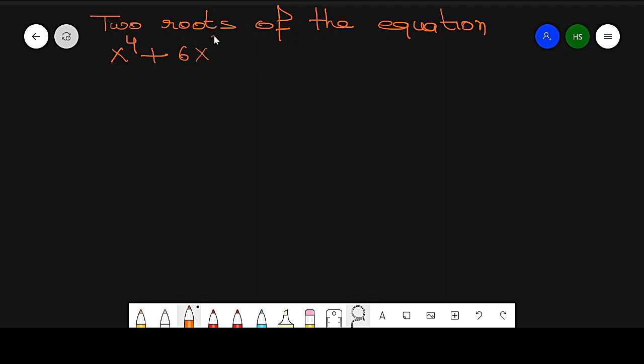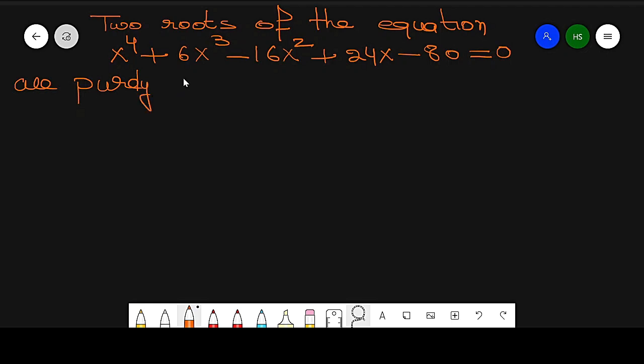So the statement is: two roots of the equation x raised to power 4 plus 6x raised to power 3 minus 16x square plus 24x minus 80 equal to 0 are purely imaginary. So solve it completely.